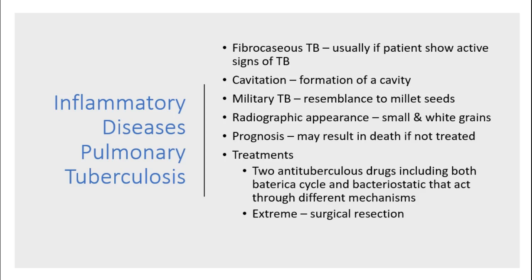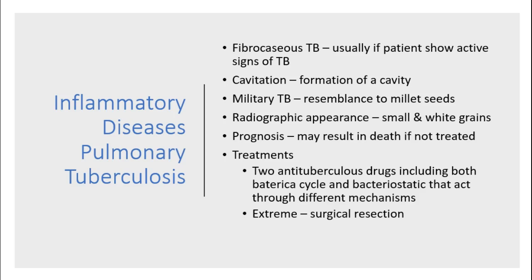So, looking at pulmonary tuberculosis, so we have fibrocaseous TB. Usually if a patient shows active signs of TB, there's cavitations that go within the apices. There's miliary TB. Oh, that's miliary, not military. Oh my gosh, this PowerPoint. So I apologize. This miliary resembles millet seeds.